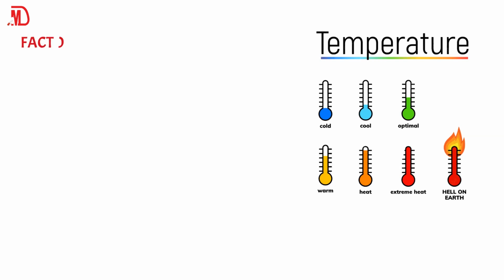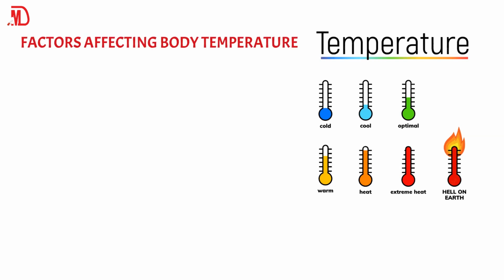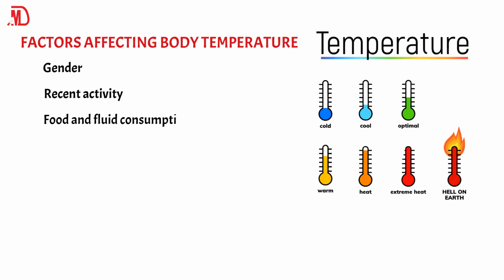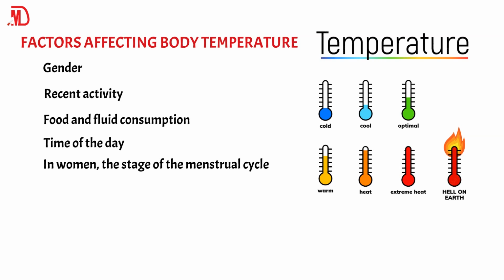The normal body temperature of a person varies depending on some factors such as gender, recent activity, food and fluid consumption, the time of day, and in women, the stage of the menstrual cycle.